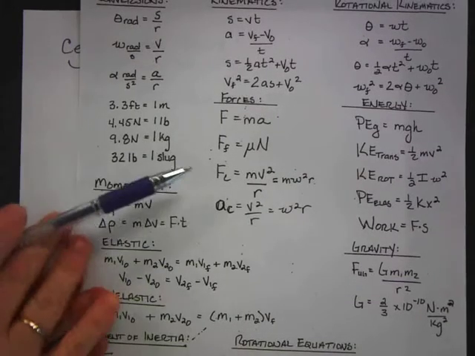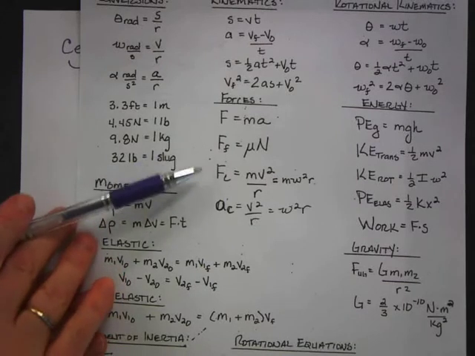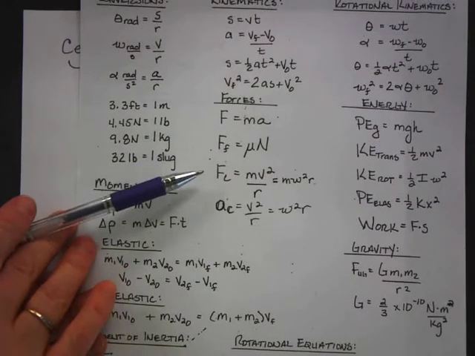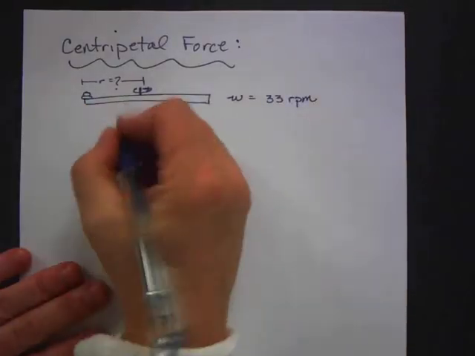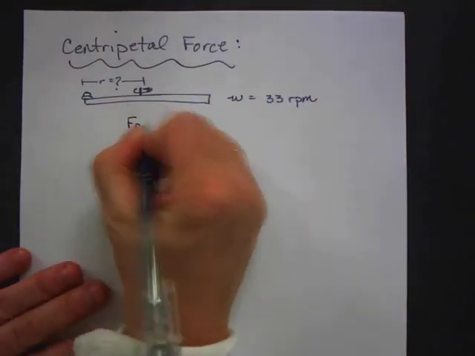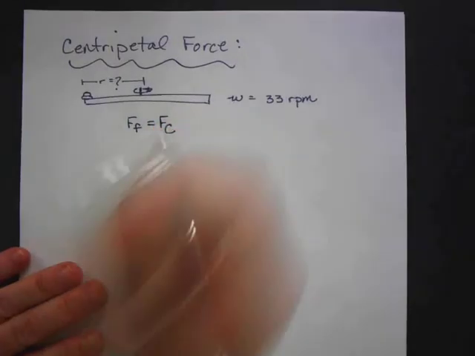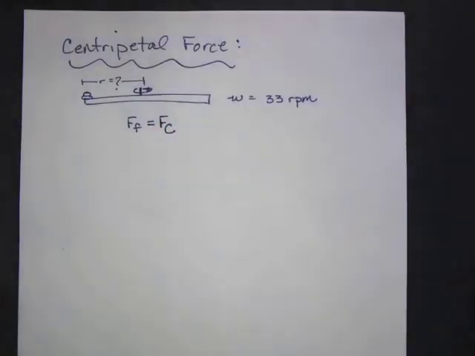Yeah, I'm going to give you mu. Right in the middle, right here, right? These two? Okay. So yes, friction equals centripetal force in this case, also for a car going around a corner.